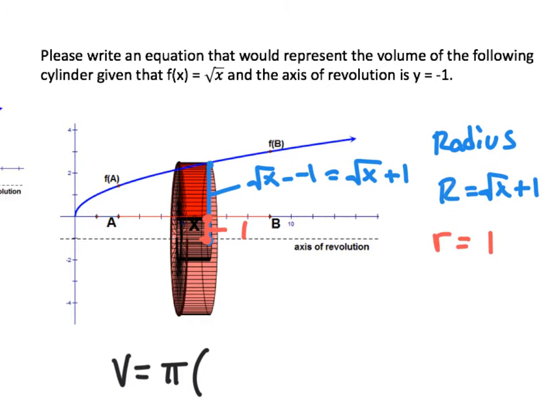This is my little radius. And so I'd want to write it like this. I'd want to say the quantity, square root of x plus 1, that whole thing squared, minus my little radius squared. So minus 1 squared. Okay, close that up, and then we'd multiply that by delta x, which is the width. That's our change in x.